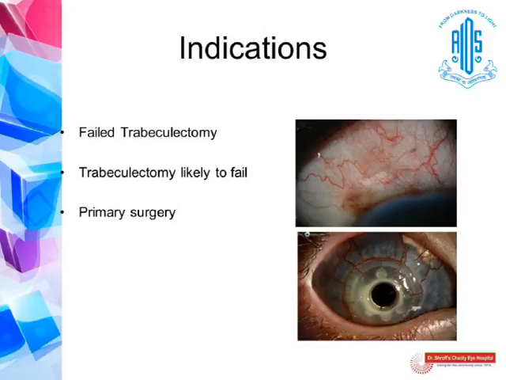Literature and experience will tell you that there are lots of cases in which trabeculectomy is likely to fail. And these are the conditions wherein tube implants will be a great option. And as the trend is increasing, many surgeons across the world are opting for tube implant as a primary surgery also.